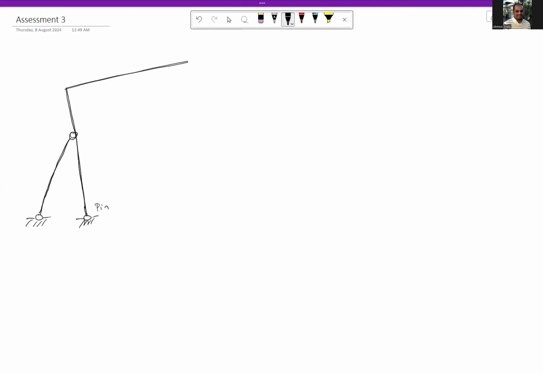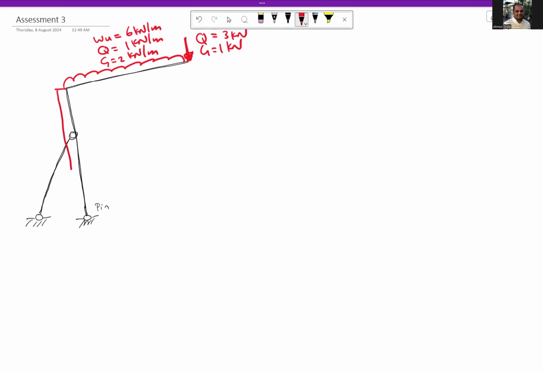The forces given are vertical loads: G 2 kilonewton per meter, Q 1 kilonewton per meter, W ultimate or wind load 6 kilonewton per meter. And here we have G equal to 1 kilonewton point load, Q equal to 3 kilonewton as point load.